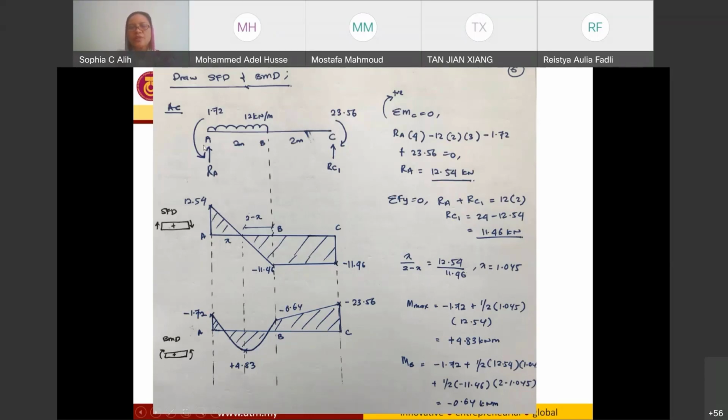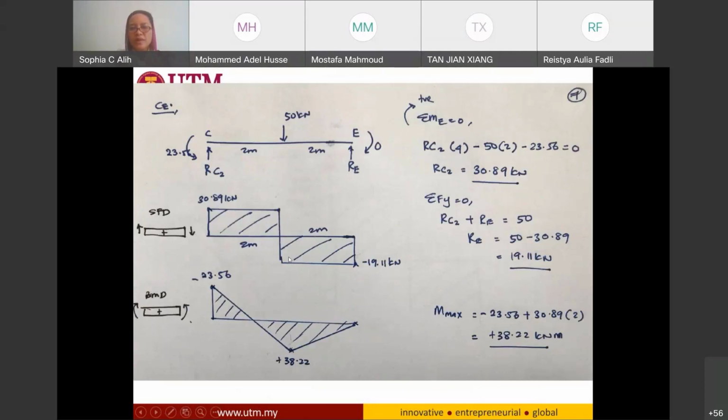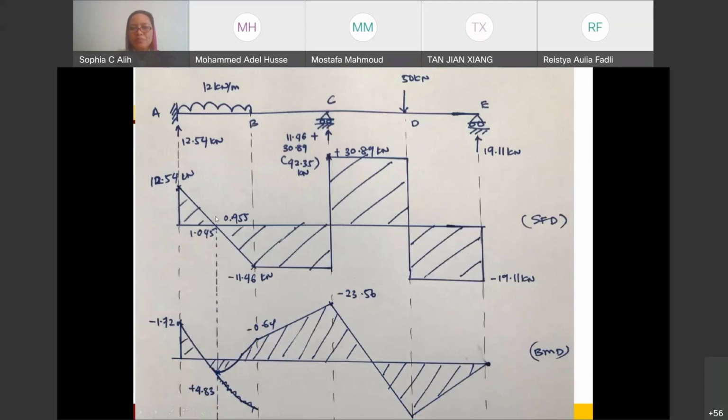So do yourself a favor, go back and do the example from beginning until the end, until you get all the support reactions and bending moment diagram, and you can compare your calculation with the one that I have prepared over here, like how to get your maximum moment. After that you can just draw and combine all the shear force and bending moment diagrams for each member until you get the final drawing for the example.